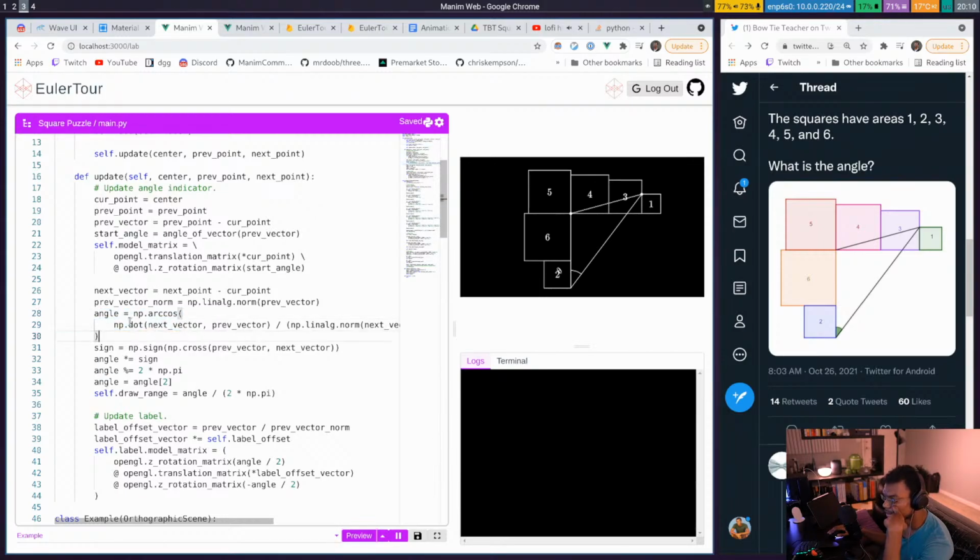Angle arc cosine next and previous. I assume the order here, I don't know if that matters or not. I don't know why this one's next and then prev, and this one's prev and then next. Oh, but it's a dot product, so this is a scalar. So I can do prev and next.